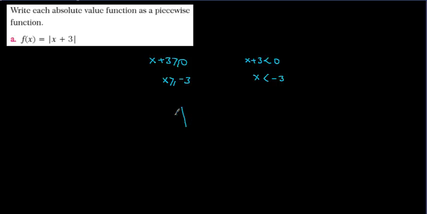Okay, then I'm doing like this. Here, minus 3 is the critical point for us. Sorry, it is not fx, actually, this is x plus 3.